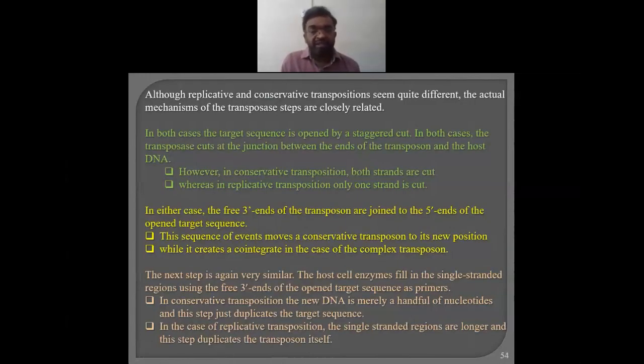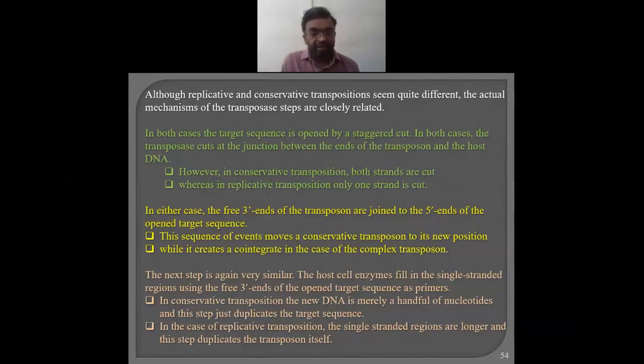In both cases, the transposase cuts the junction between the two ends of the transposon, but while cutting its own ends, that is when the transposable element is cut, there is a difference. Otherwise, the target sequences are handled by the same mechanism, a staggered cut.